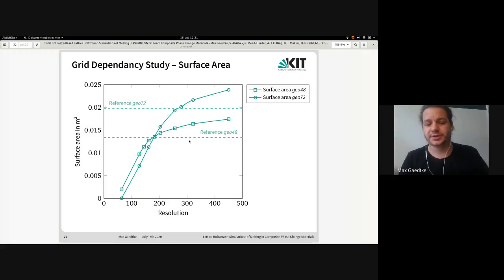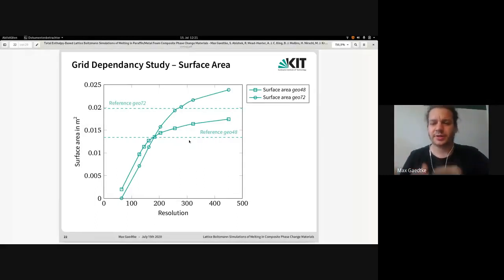Under-resolving these structures led to much lower surface area than the reference geometries here in dashed lines, whereas increasing the resolution went to a level that is higher than the reference value. And there's a sweet spot.